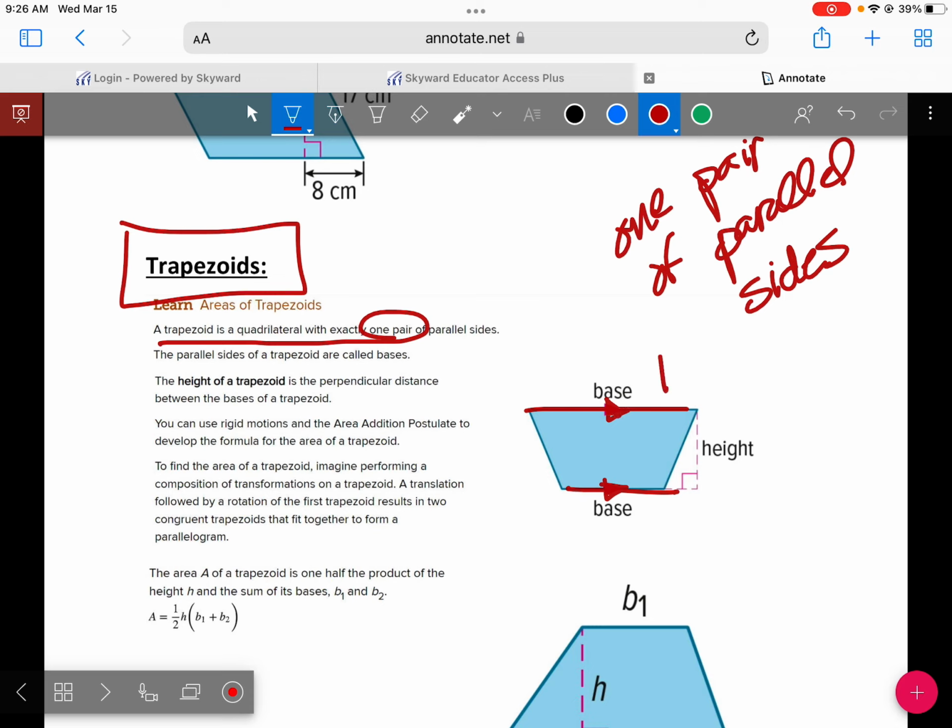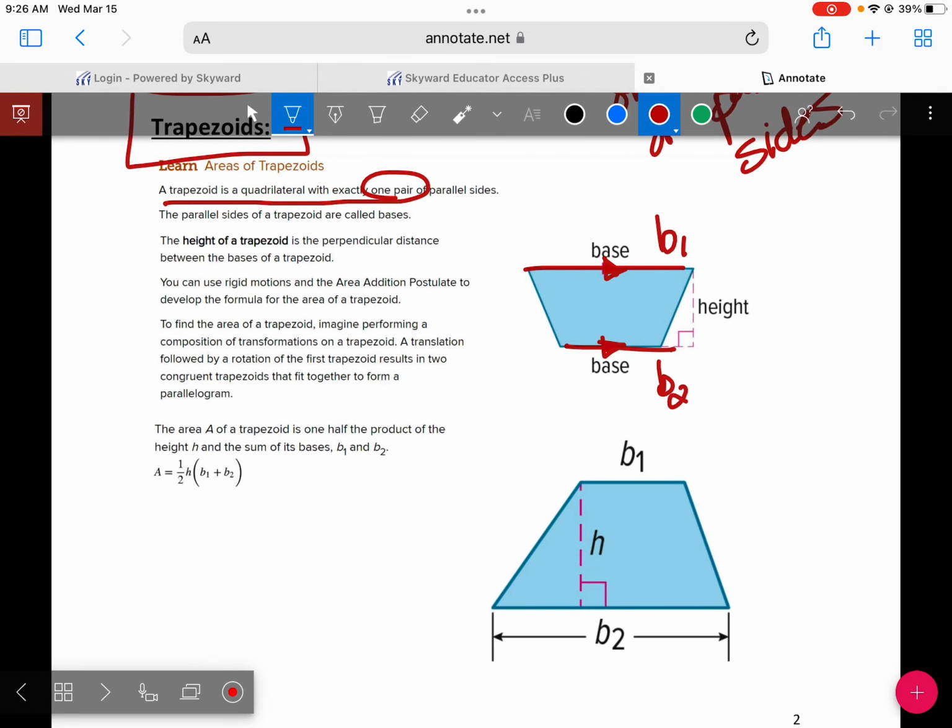So we have base 1 and base 2, kind of like Dr. Seuss's Thing 1 and Thing 2. Let's just always put base 1 at the top so we're consistent. It doesn't matter, but for us, let's put base 1 at the top.